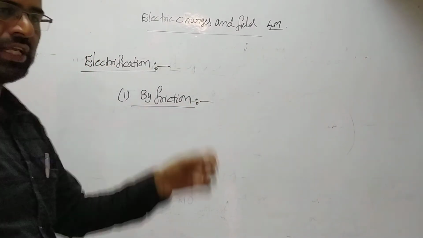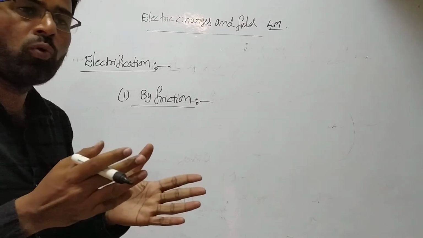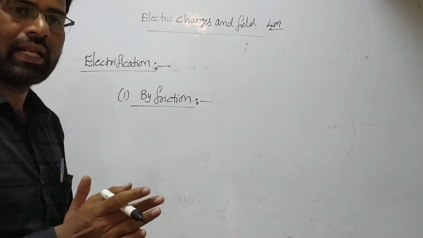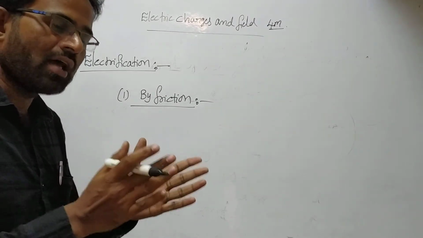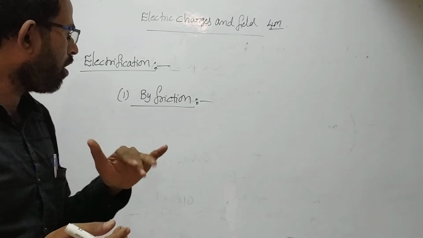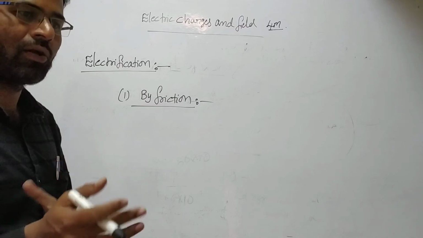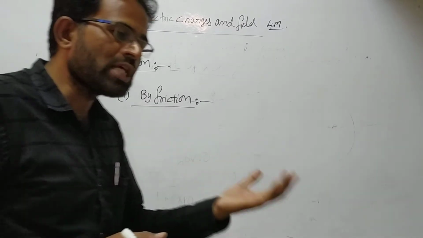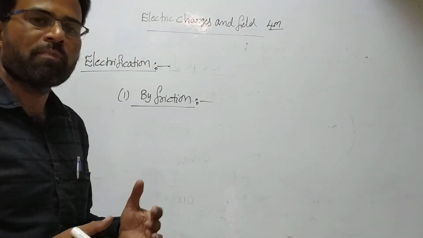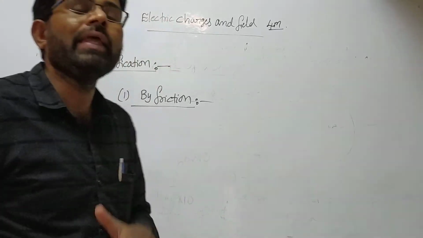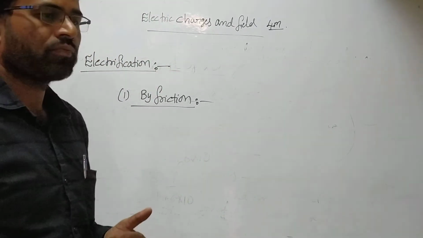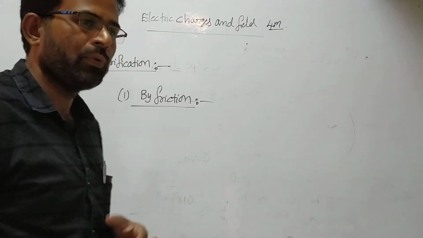Electrification by friction. By friction means when two bodies are rubbed against each other, one body loses electrons and the other body gains electrons. The body which loses electrons becomes positive. The other body gains electrons and becomes negative.